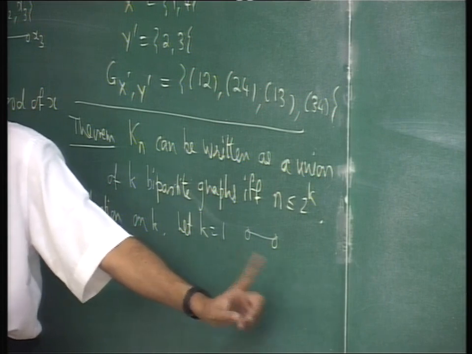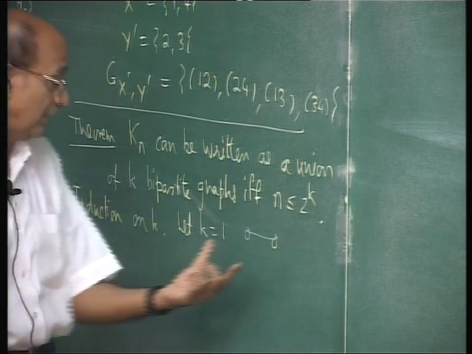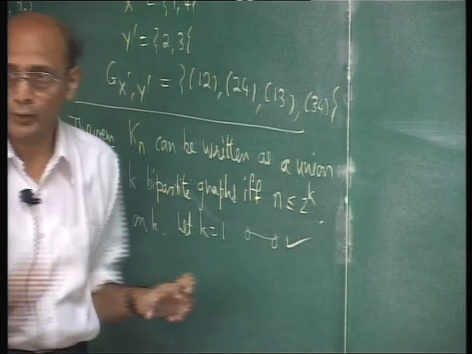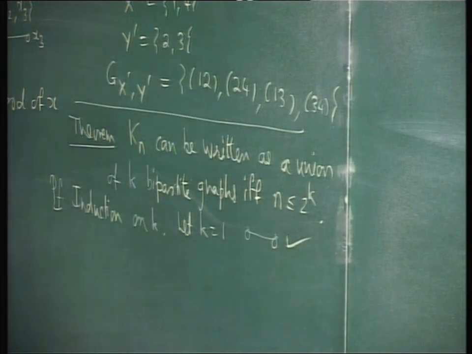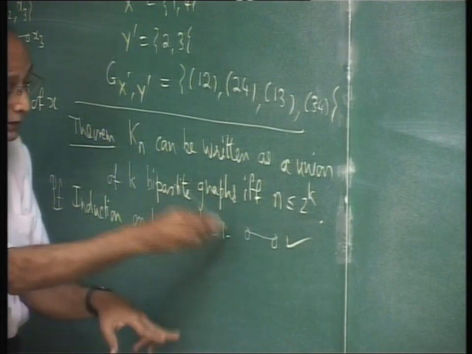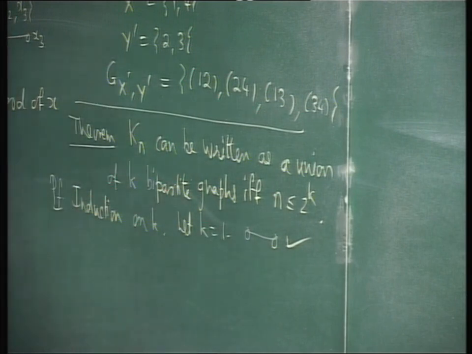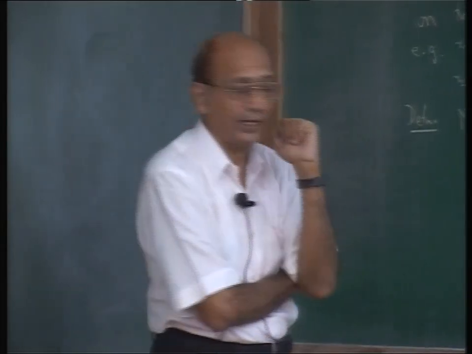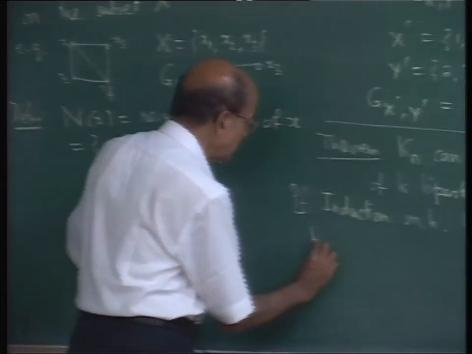K3 is not. K2 is a bipartite graph. And so you're quite all right. This itself is a bipartite graph. So that's the basis of induction. I can assume that the result is true for k minus 1 and try proving it for k. Let k be at least 2.